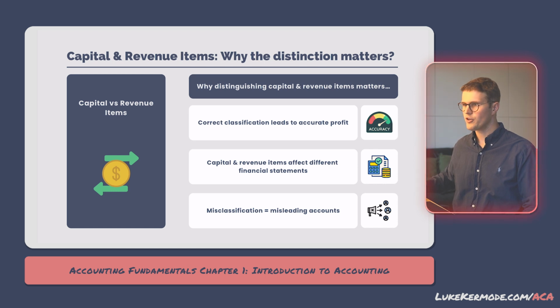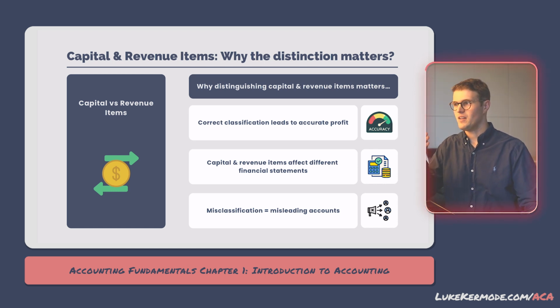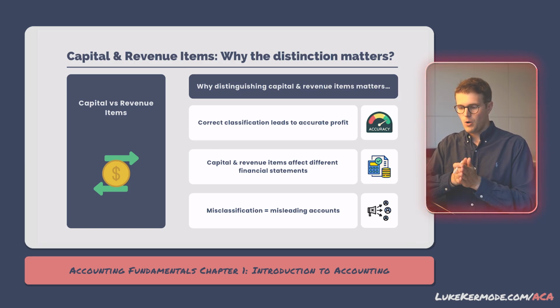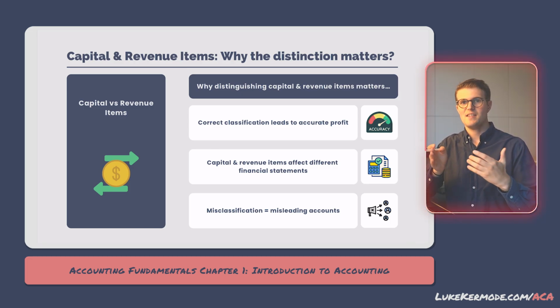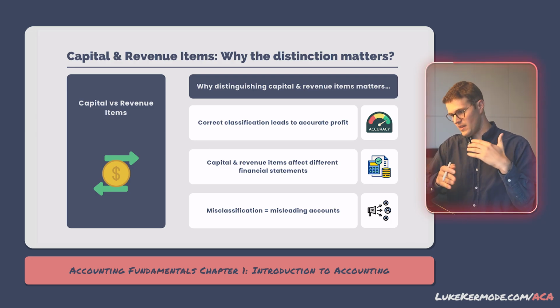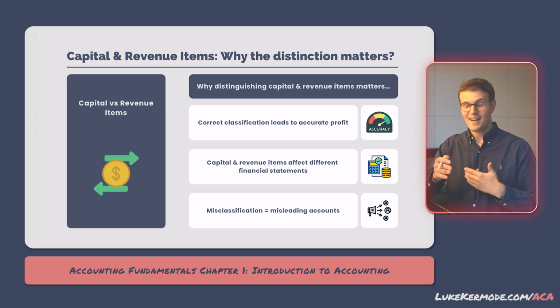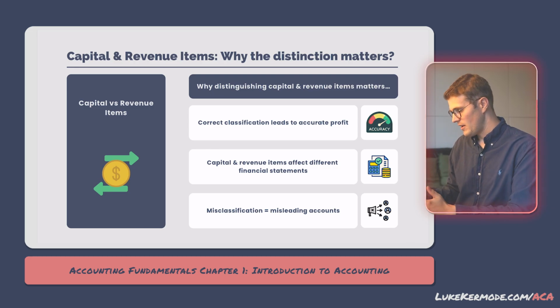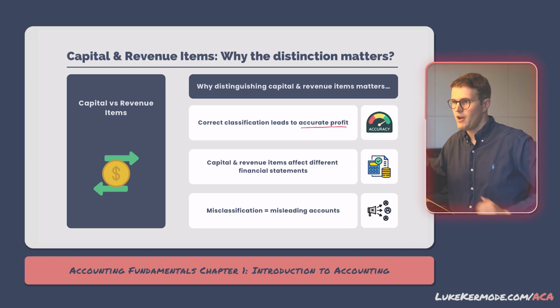So you may be wondering, why does it matter whether something is capital or revenue in nature? Well, in accounting, the correct and consistent classification of income and expenses ensures that the business correctly calculates its profit in each reporting period.